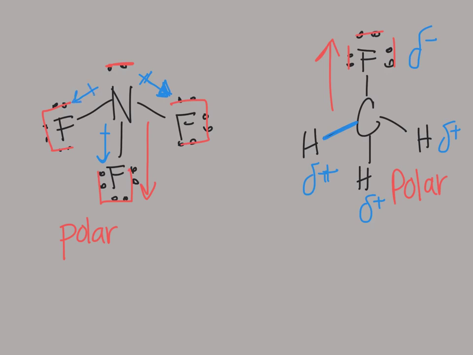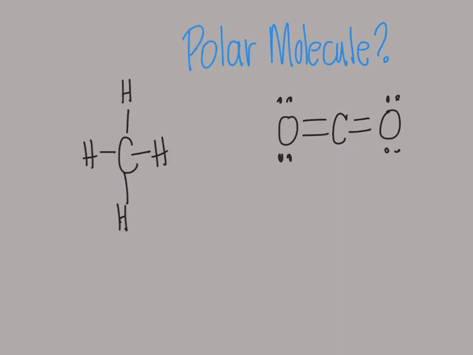In the NF3, we are showing that each one of those bonds is polar and pulling towards the fluorine. In these two molecules, you can be asked if the bonds are polar and if the whole molecule is polar. In the CH4 on the left, each one of these bonds is slightly polar, because the hydrogen has no electrons of its own and the carbon would have the electrons towards it.